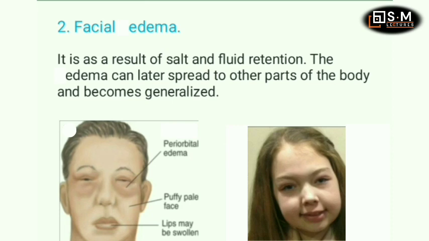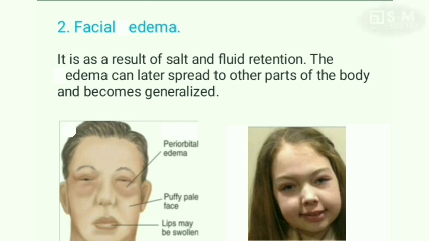Normal movement of water, or any fluid, is along the concentration gradient. So when there is a build-up of the concentration of salt in the extracellular space, then the fluid will follow into that space.